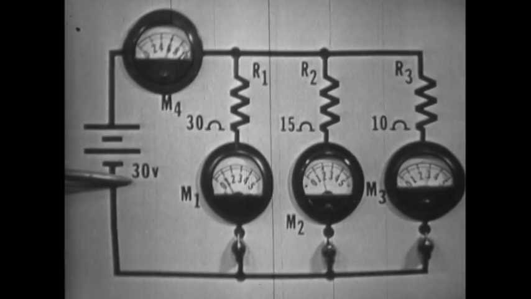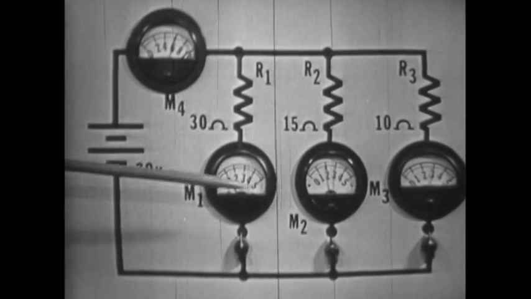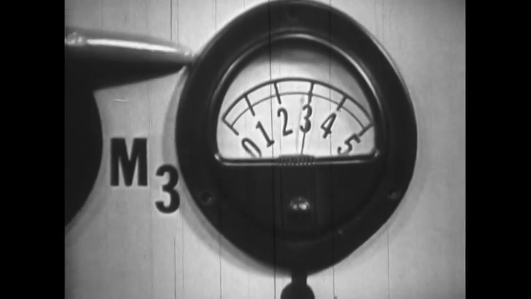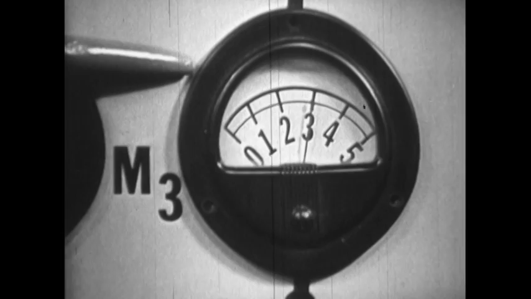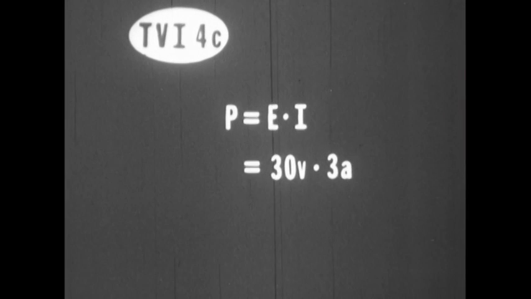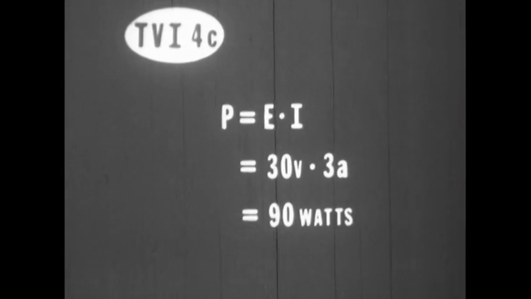Once again, the applied voltage is 30 volts. Meter 3 indicates 3 amps of current flowing in branch 3. Using these values in our formula, we have 30 volts times 3 amps, or 90 watts of power dissipated by branch 3.